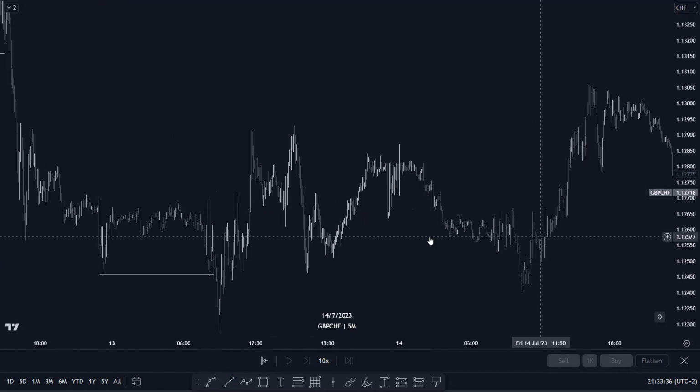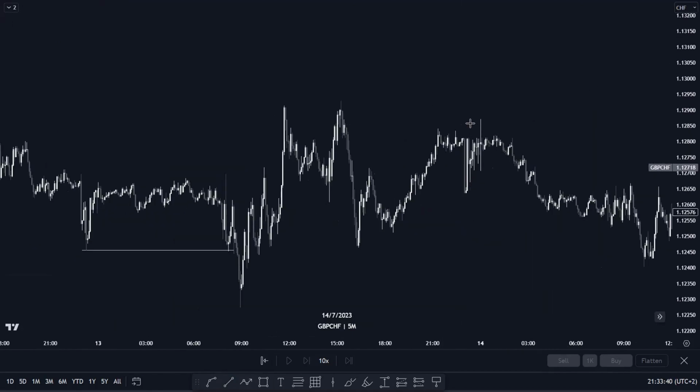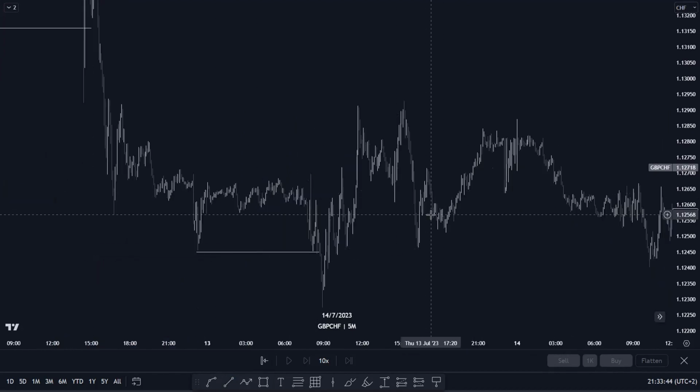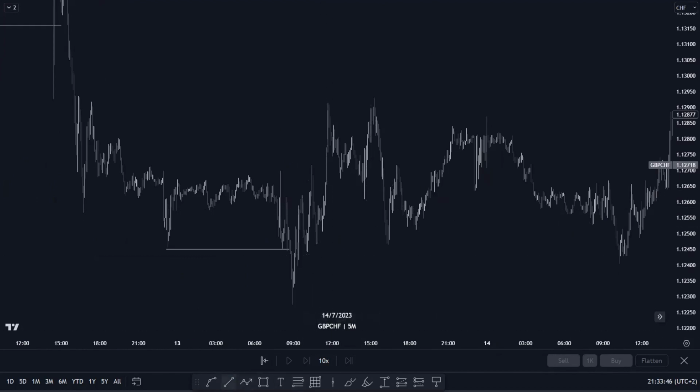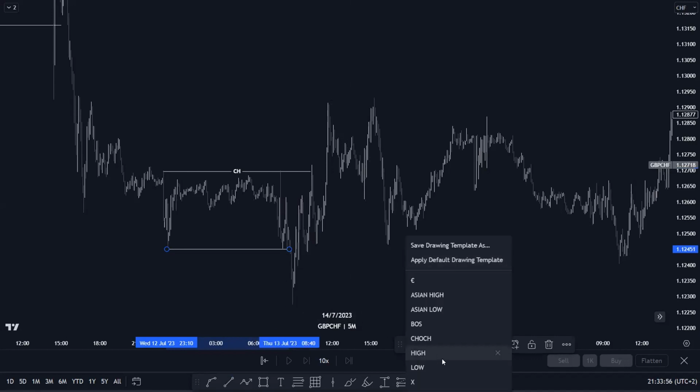Okay, so here we can see that price created a change of character and a break of structure here.